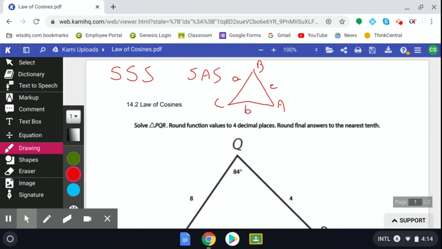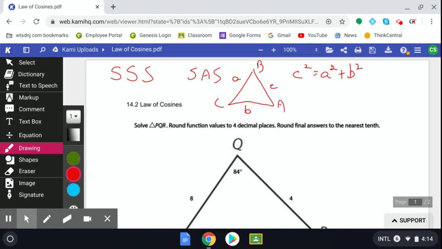Then you can say that c squared is going to be equal to a squared plus b squared, which is just like the Pythagorean theorem, but you have to add a little something else at the end, because this triangle is not a right triangle.